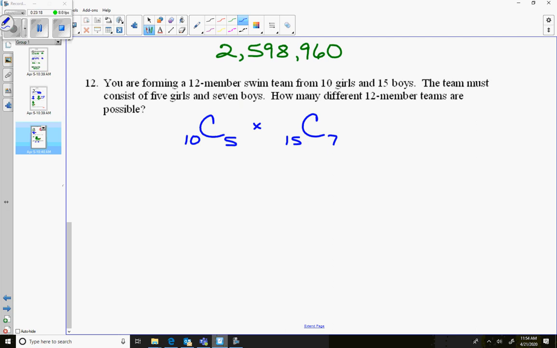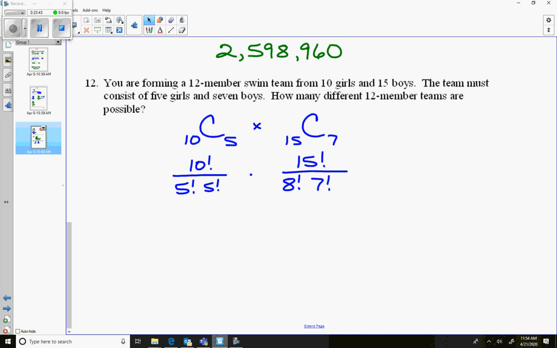So that will also be multiply. So now just do this math. So this one's going to give us 10 factorial over 10 minus 5, which is 5 factorial, times 15 factorial over 15 minus 7, which is 8 factorial, 7 factorial. And punch that out, get your answer.